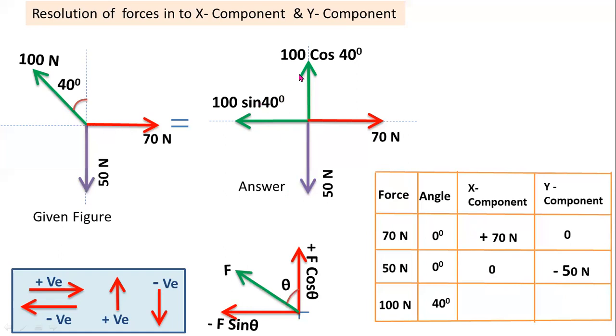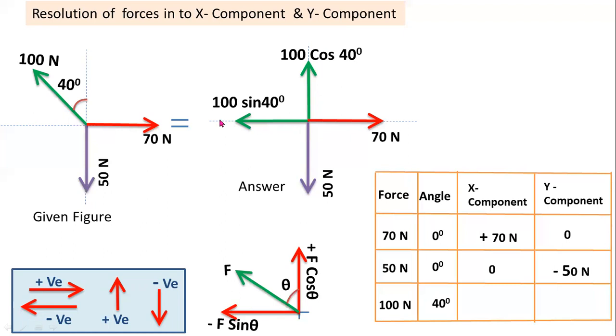Now this 100 newtons force, I converted into an x component and a y component. This 100 newtons force has two components: the x component lies on the x-axis, and the y component lies on the y-axis.